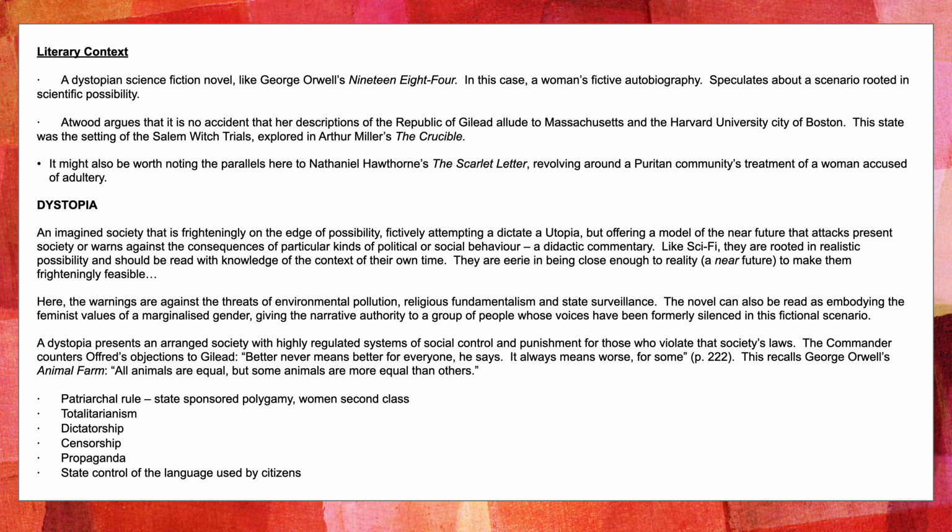This state was the setting of the Salem witch trials, which is also explored in Arthur Miller's The Crucible, which he wrote as a not-too-subtle resistance of blacklisting by Senator Joseph McCarthy in the 1950s. McCarthy was part of a movement that sought to eradicate through fear-mongering the idea that in the post-Second World War world, we didn't want a swing from extreme right-wing to extreme left-wing politics.